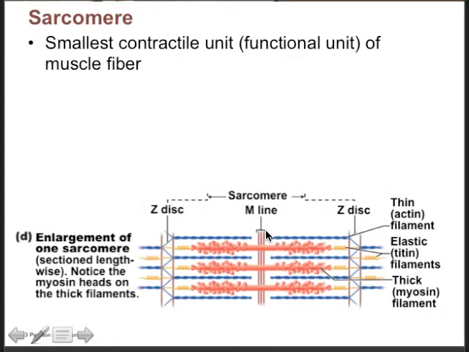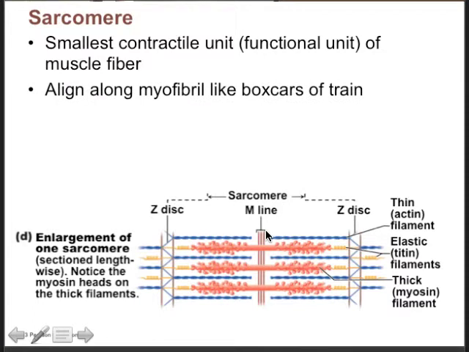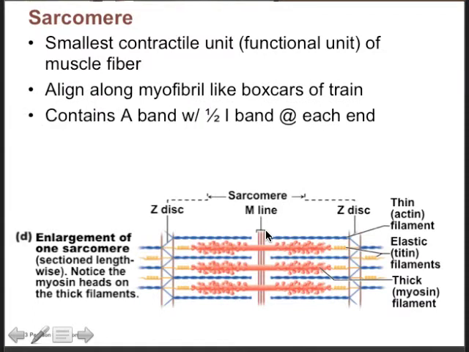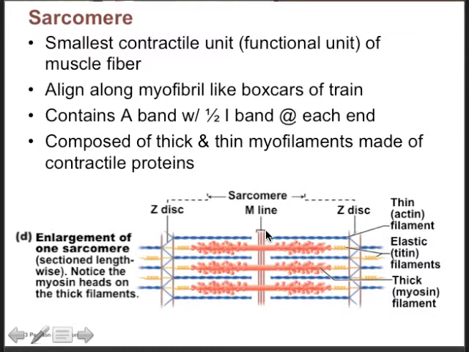Yeah, the sarcomere is the smallest contractile unit of the muscle fiber. It aligns along the myofibril end to end to end. It contains an A band with half an I band at either end. It's composed of thick myofilaments made of contractile proteins. The main protein, of course, is myosin.